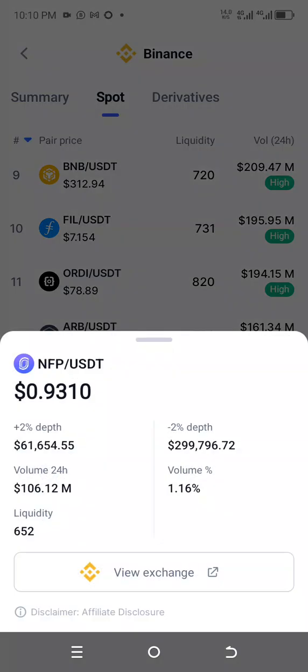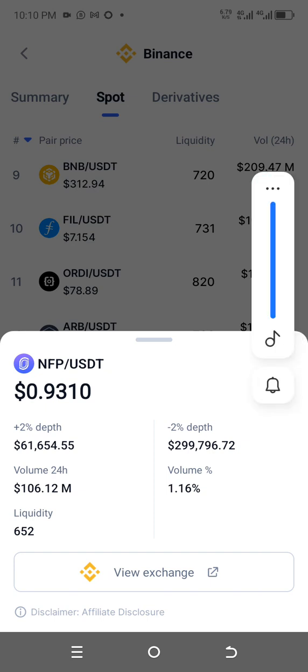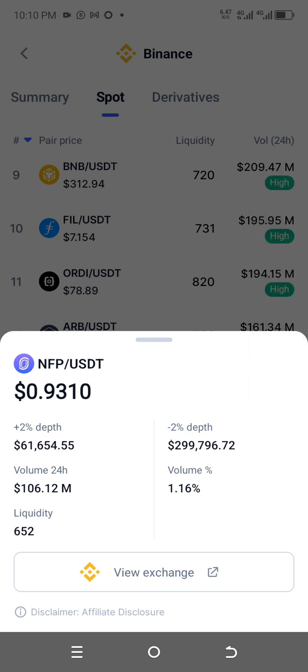If you take NFP now, you can see in this depth, by your left hand side here, you see plus 2% depth, and by your right hand side here, you see minus 2% depth.